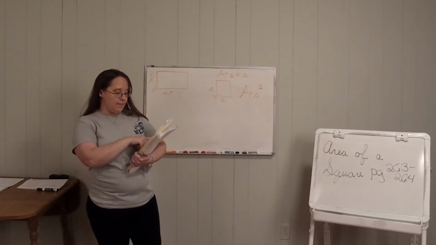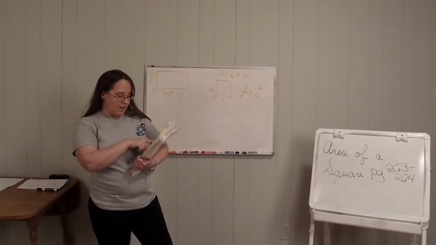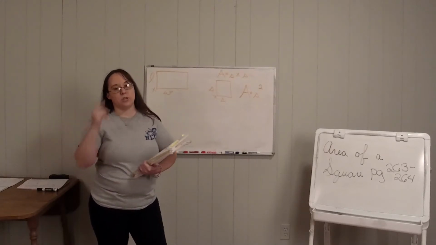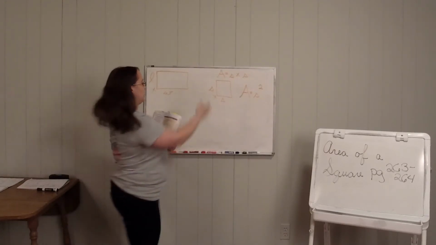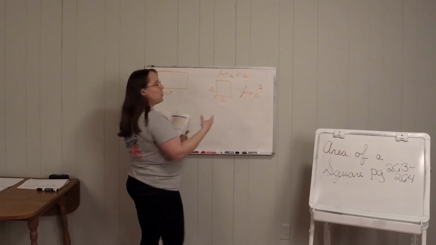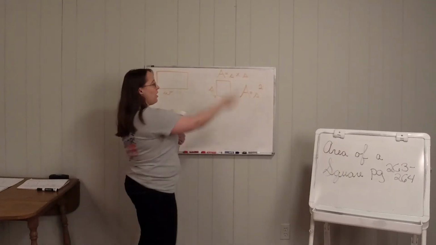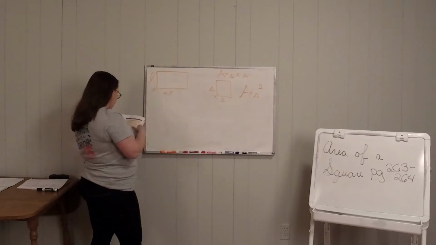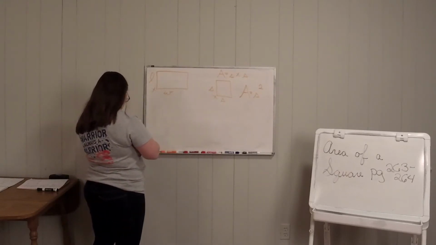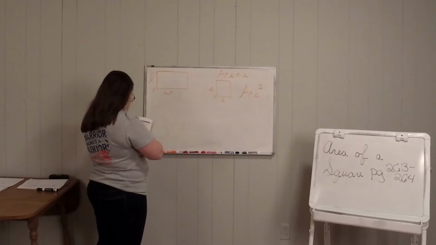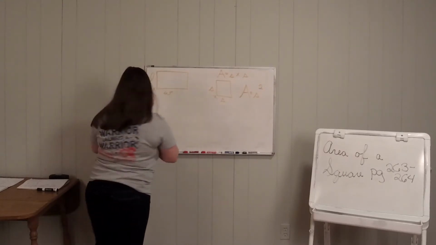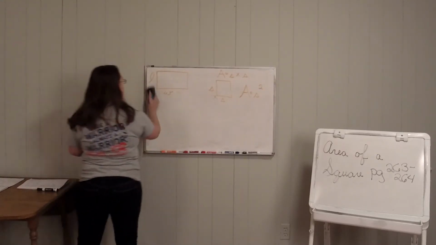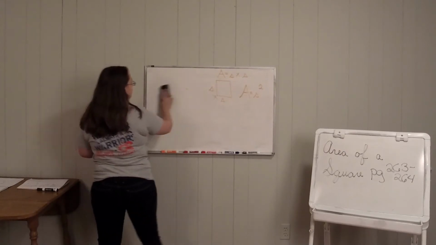And like in your example, 5 times 5 is 25. So it's just saying and they're always going to be the same number with a square because you know all the sides are equal in a square. So we're going to look at number 1A together.